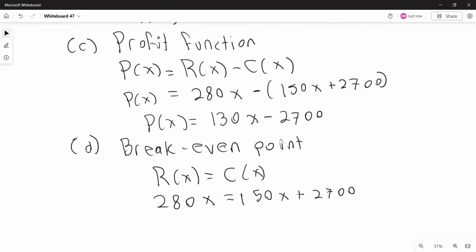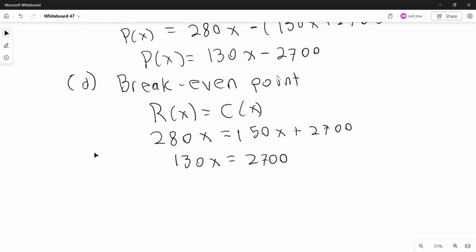Subtract 150X from both sides and we get 130X equals 2,700. So X is 2,700 over 130. This is approximately 20.8. So the break-even point is actually not an integer, but there's a problem.